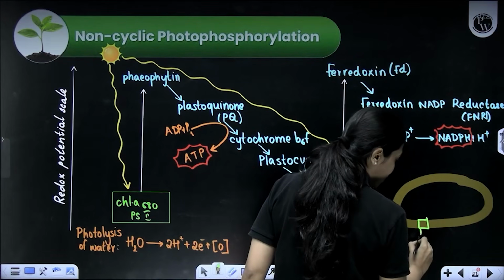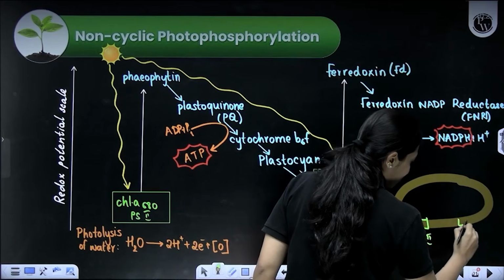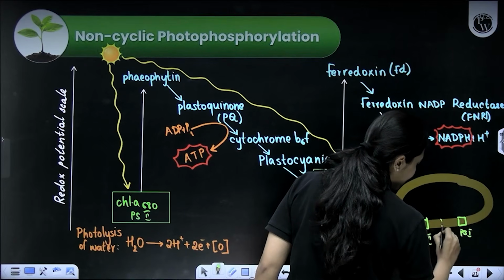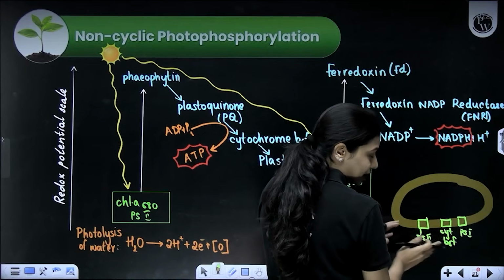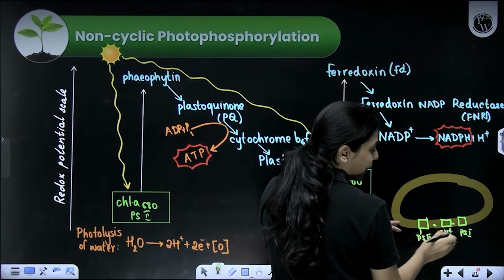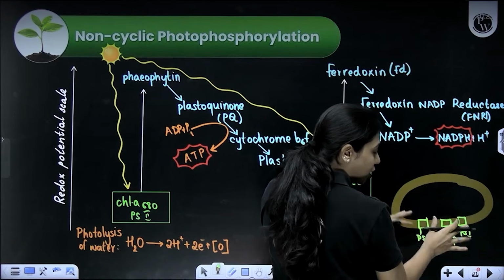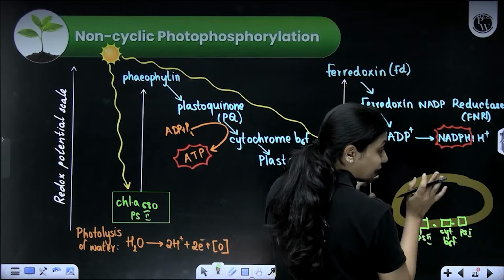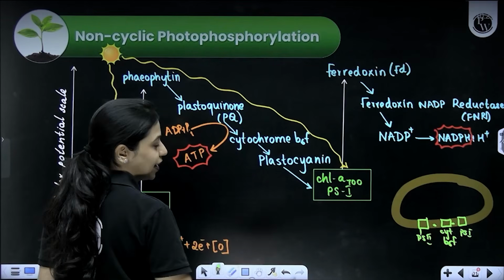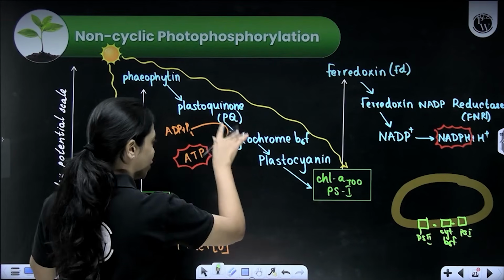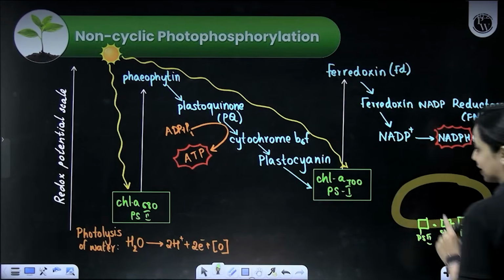So within the membrane, you have PS2 and PS1 and a cytochrome B6F complex. They are all located within the membrane, along with a few other mobile electron carriers. But here we are not showing that in the membrane, to help you understand how electron transfer happens. So what you're looking at here is actually what happens in the membrane.